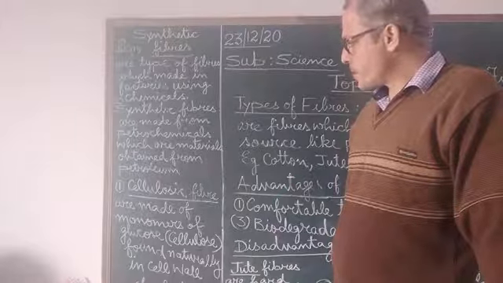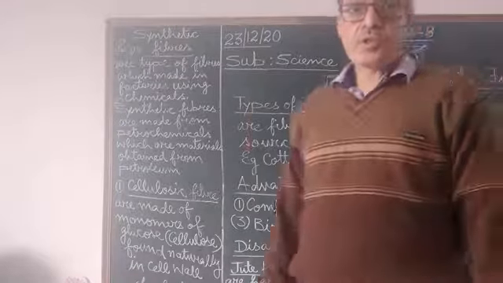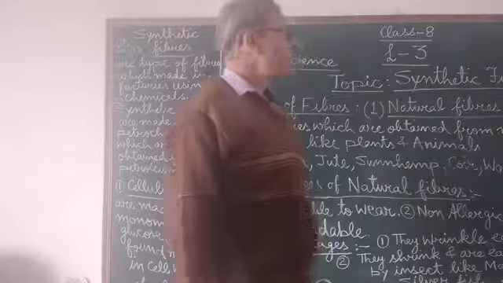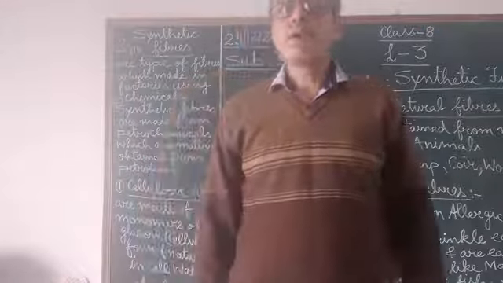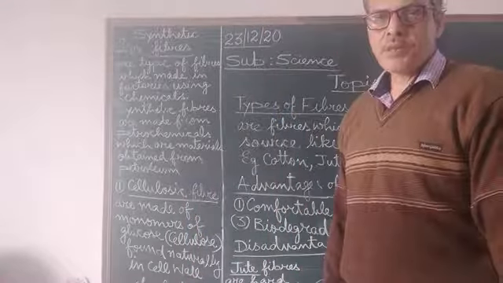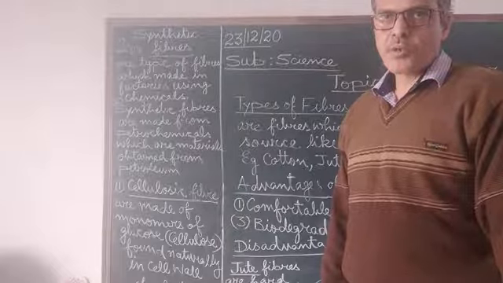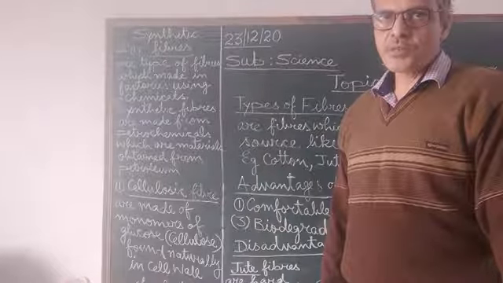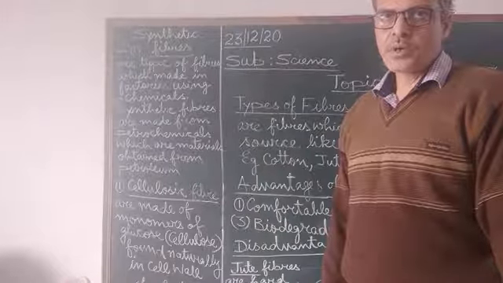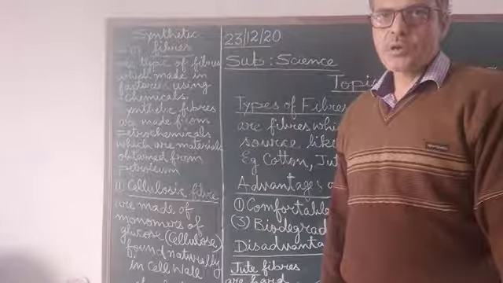Third important point about the synthetic fiber is that these synthetic fibers are made up of polymers. So here it is very important for you to know what polymers are. So polymers are chains of small repeating units called monomers.